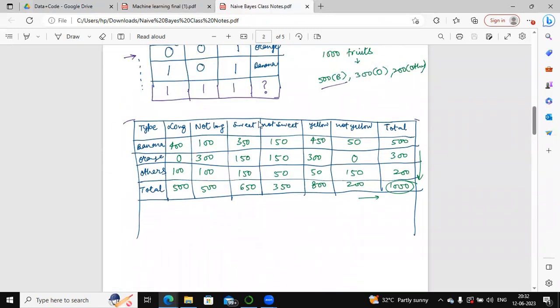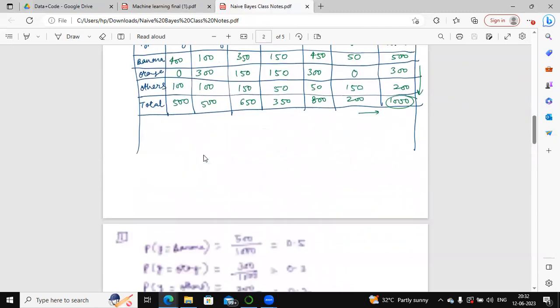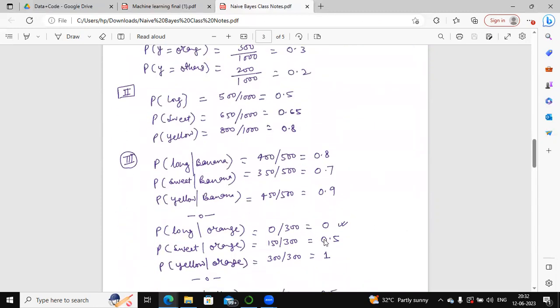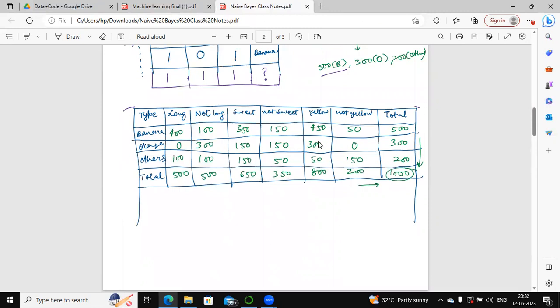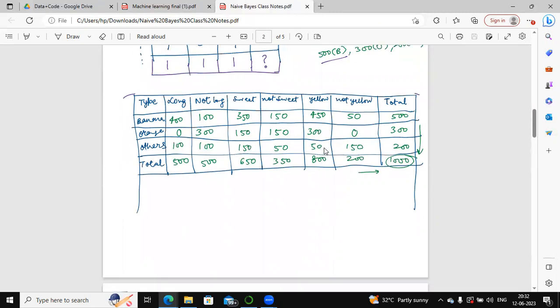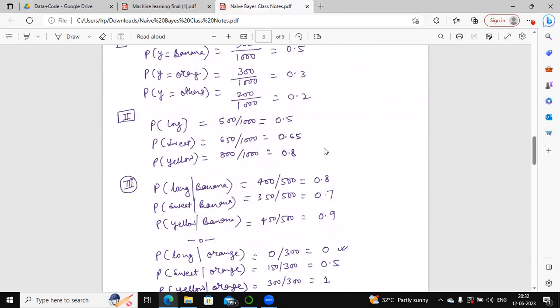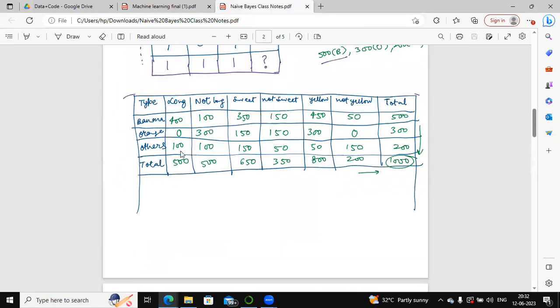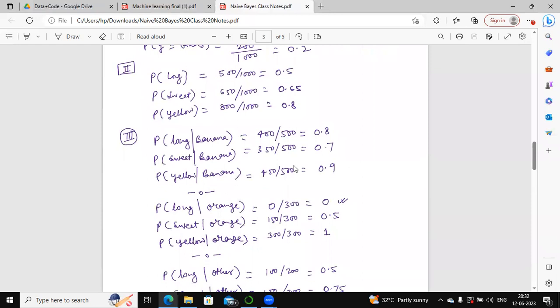Similarly, probability of long given orange: long is 0, total oranges 300, so 0 by 300. Probability of sweet given orange is 150 by 300, that is 0.5. Probability of yellow given orange is 300 by 300. Probability of long given others is 100 by 200, that is 0.5.